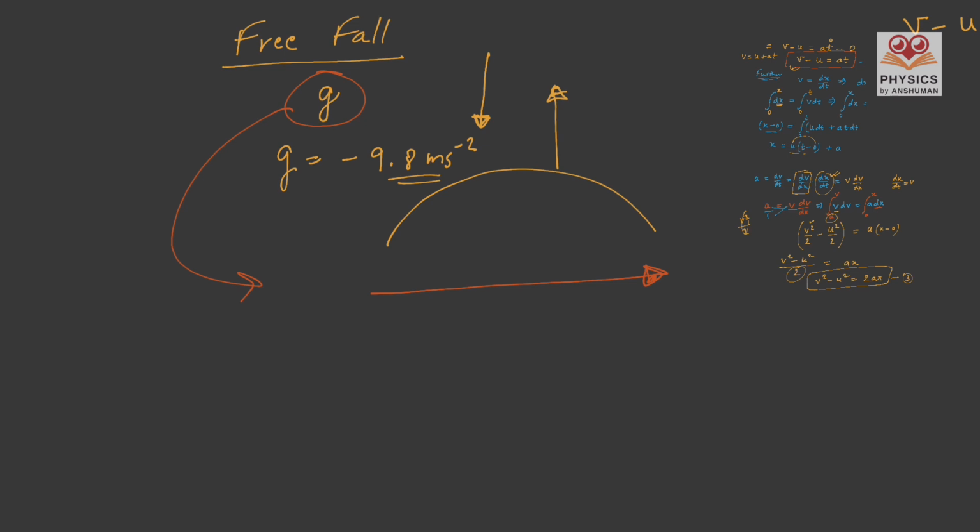You will see what happens when we throw anything, gradually it comes down. When we start our third chapter, you will come to know that even in this case, the acceleration due to gravity doesn't work on the horizontal component or the x-axis. It only works on the vertical component of the motion.